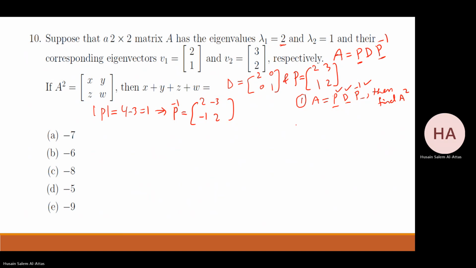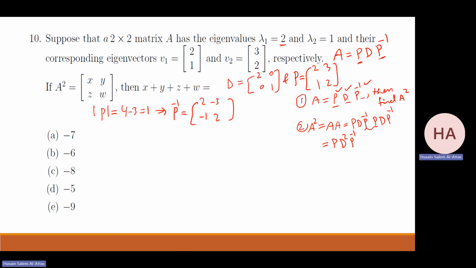Another way, if you think about A squared, A squared is A times A. And what is A? It is PDP inverse, and the other A, PDP inverse. What is this? This is I. So this is actually P D squared P inverse.